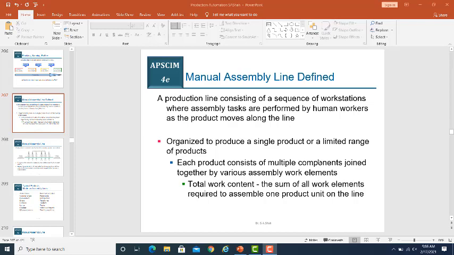If you want to join these two parts with, let us say, electric arc welding, that is a single operation. So the total number of operations will be considered the work elements, and work content is the summation of all those work elements. The total assembled product is the sum of all the operations performed on it.